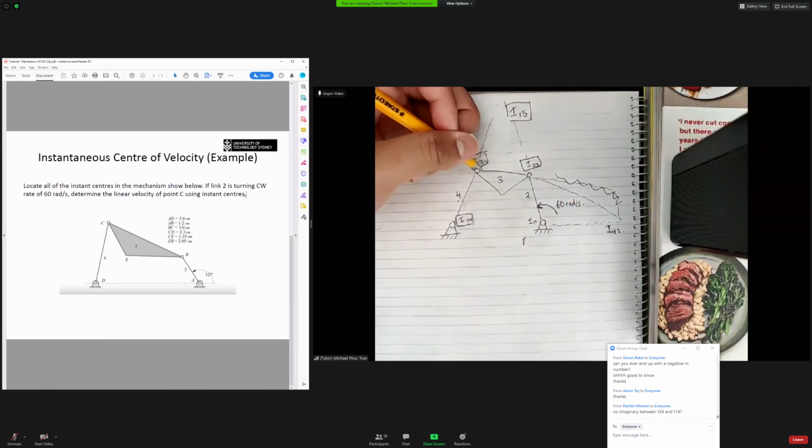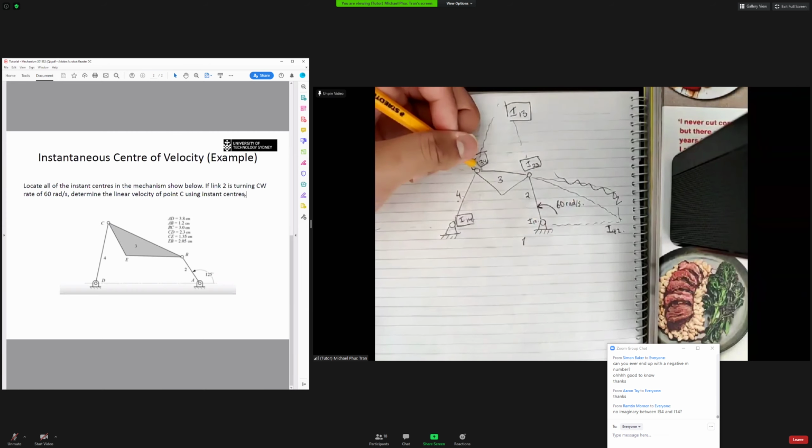So the first thing we have to do is isolate I23 because that's the only thing we can do with that bit of information. So we have the link between A and B. So we want to find how fast I23 is moving.